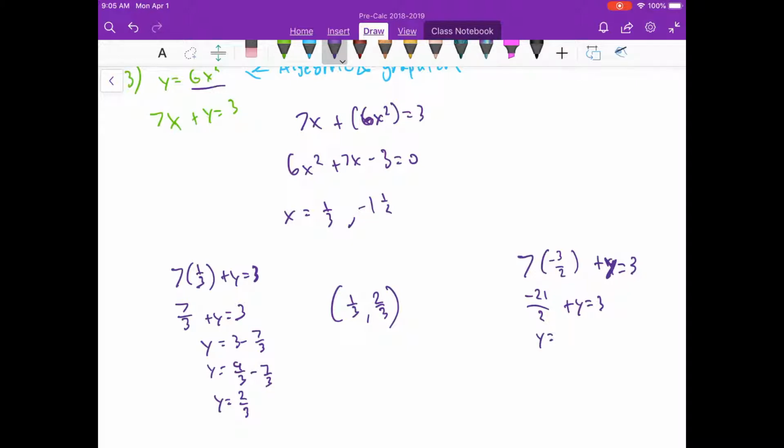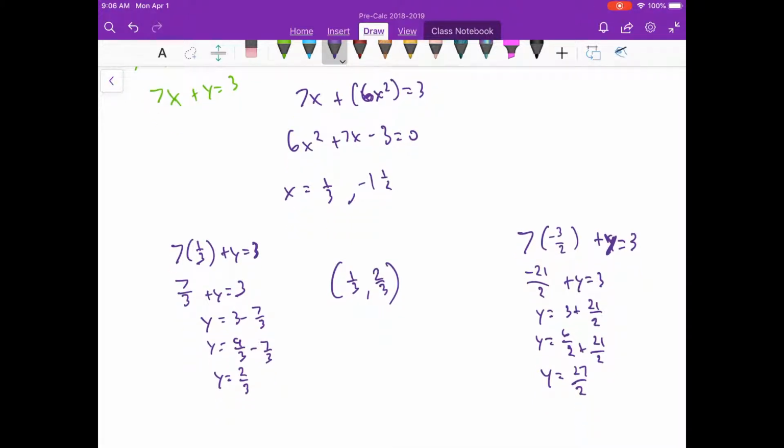That'll be y equals 3 plus 21/2, which gives us y equals 6/2 plus 21/2, and then y equals 27/2. So our second point is (-1.5, 27/2). All right, and that is our answer.